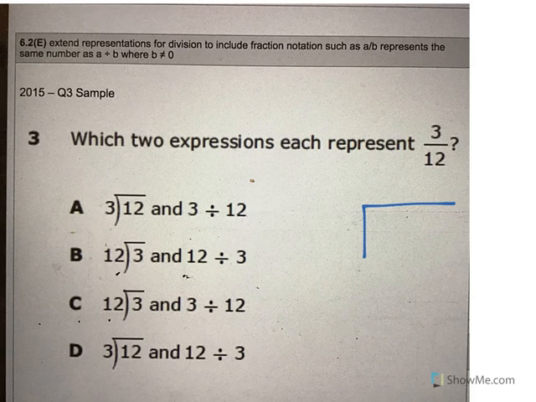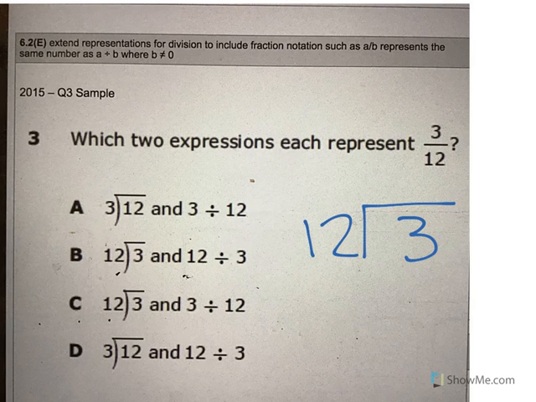So again, we have the divisor outside, dividend inside. They're not expecting us to actually divide it, but just set it up. So again, the numerator is the dividend, the denominator is the divisor, top in, bottom out.